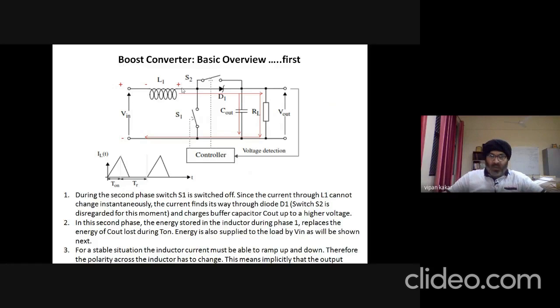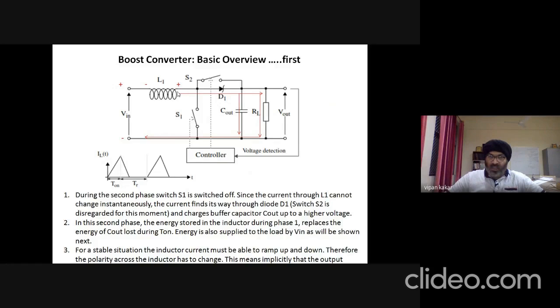So now this current, because this inductor is now energized, or it has stored energy, and this path is now broken. So now this diode D1 gets forward biased.